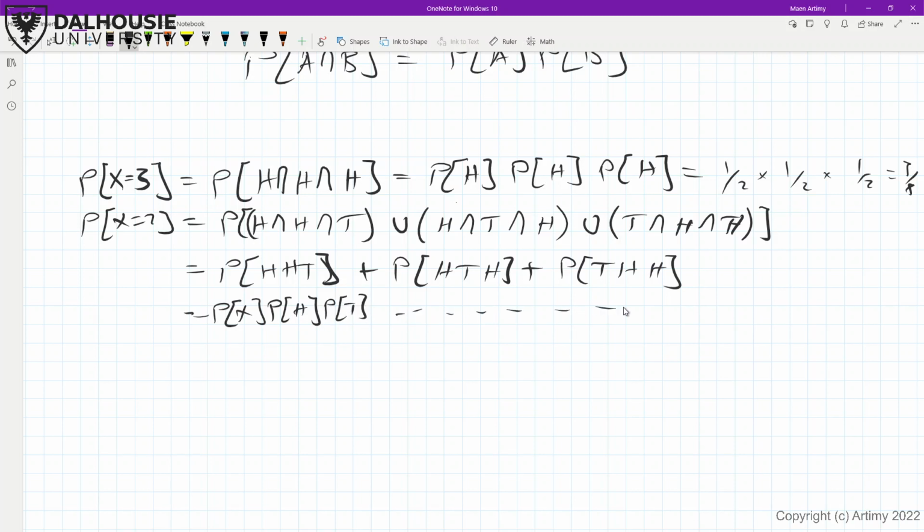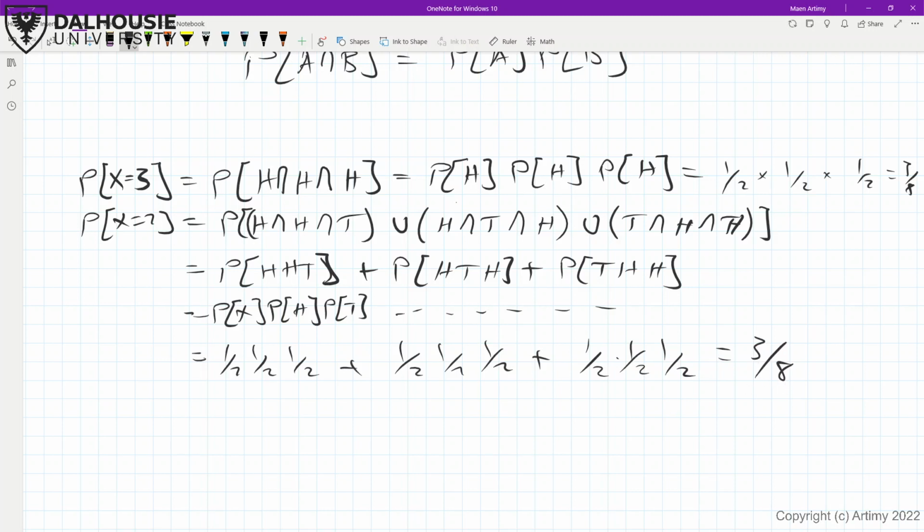We end up with half, since all the heads and tails have the same probability, and we end up with 3/8, right?